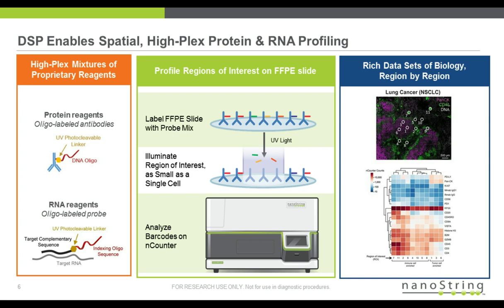And they're on those affinity reagents with a special kind of linker called a photocleavable linker. What this allows us to do is take a single slide and pour as many as up to 800 antibodies, or probe as many as 800 different mRNAs, and put those affinity reagents on the tissue slice itself.